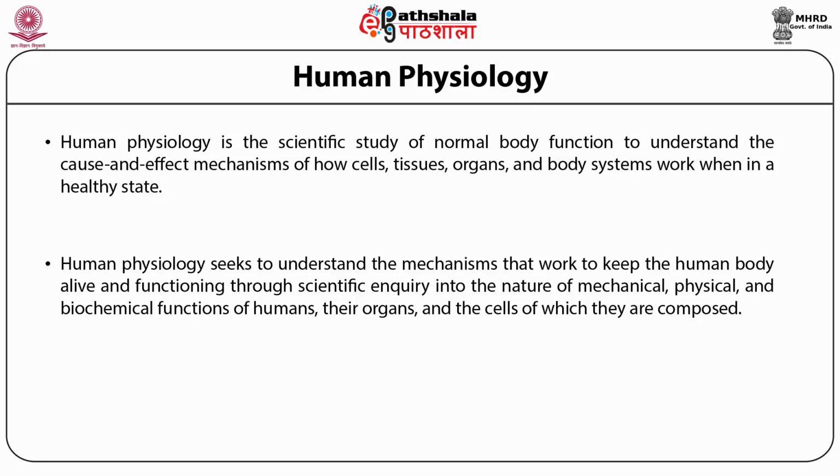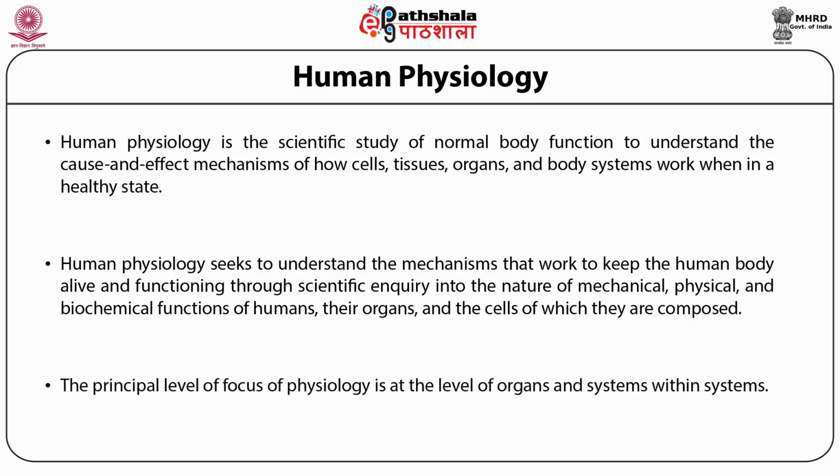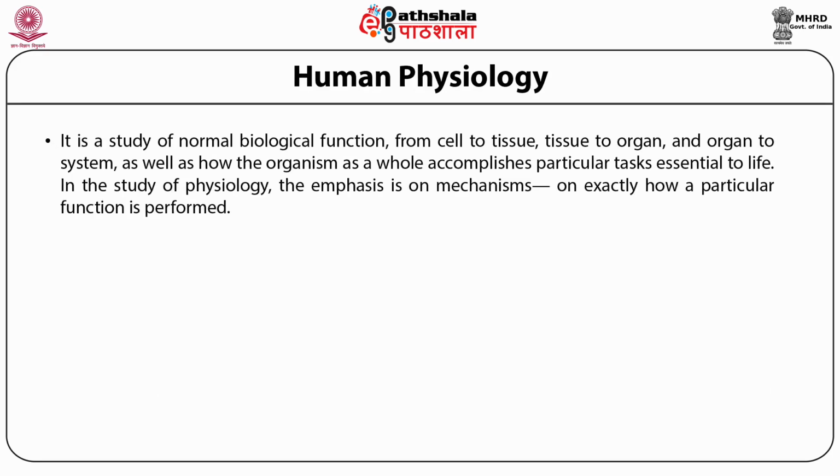The principal level of focus of physiology is at the level of organs and organ systems. Human physiology is a study of normal biological functions from the basic unit, that is the cell, to tissues, from tissues to organs, and organs to organ systems, as well as how the organism as a whole accomplishes particular tasks essential to life.